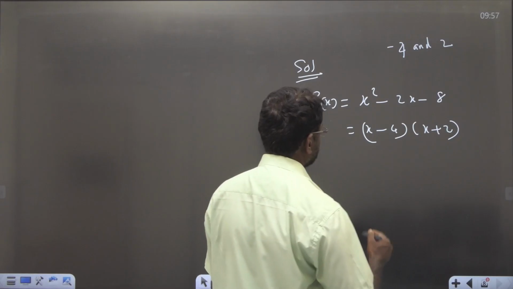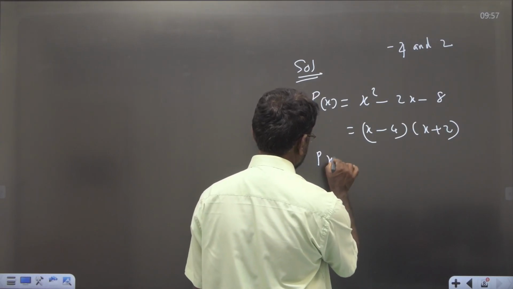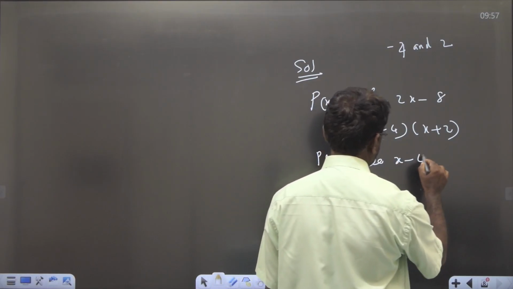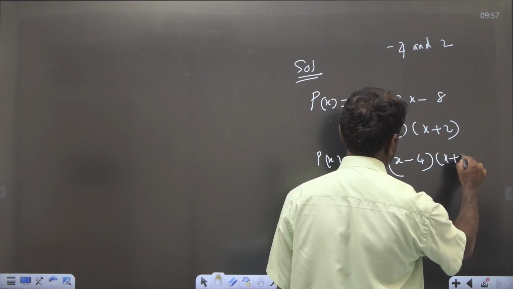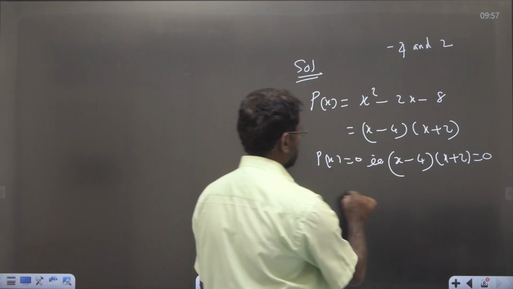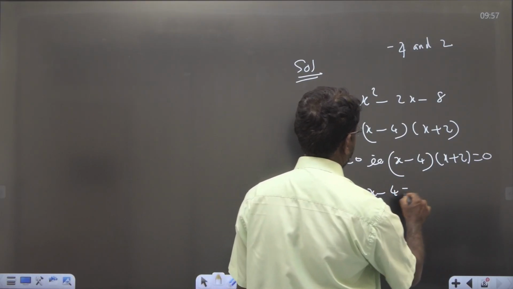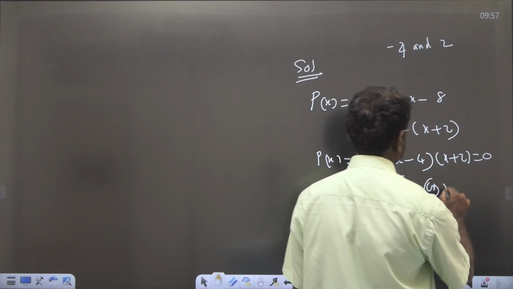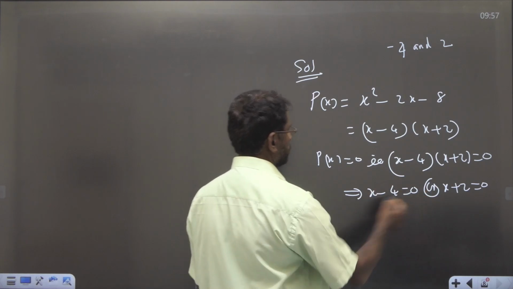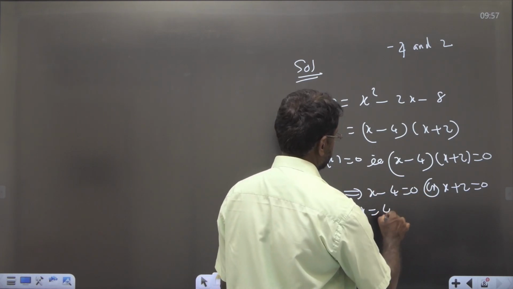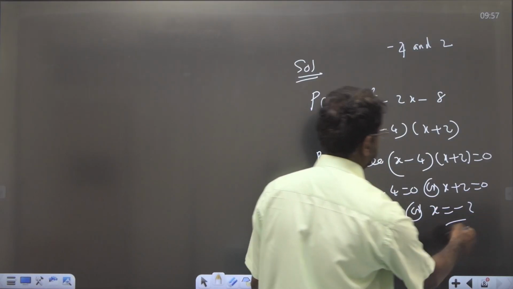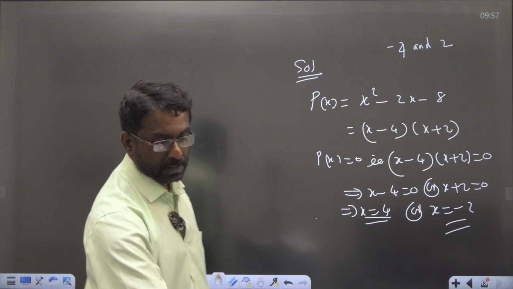For finding the zeros, you just take p of x equal to 0. That is, x minus 4 into x plus 2 is equal to 0. This implies x minus 4 equal to 0 or x plus 2 is equal to 0. Take minus 4 to the right hand side, x equal to 4, or take plus 2 to the right hand side, that is x equal to minus 2.